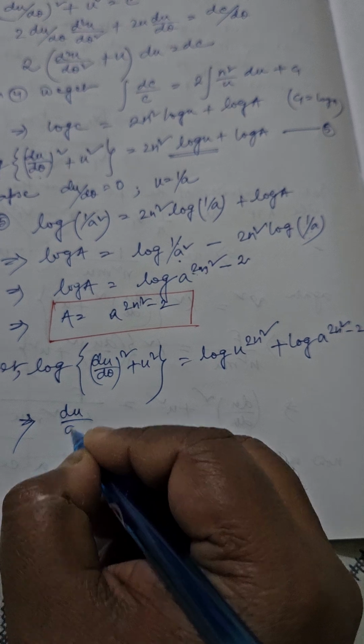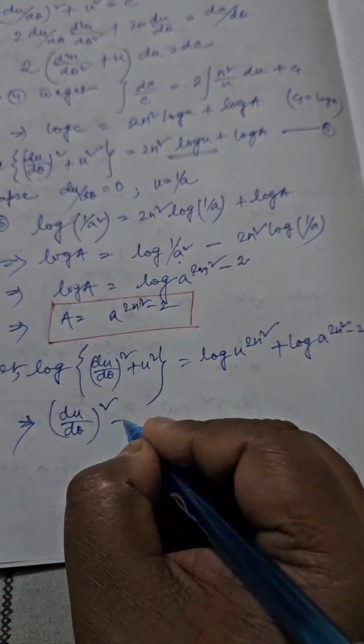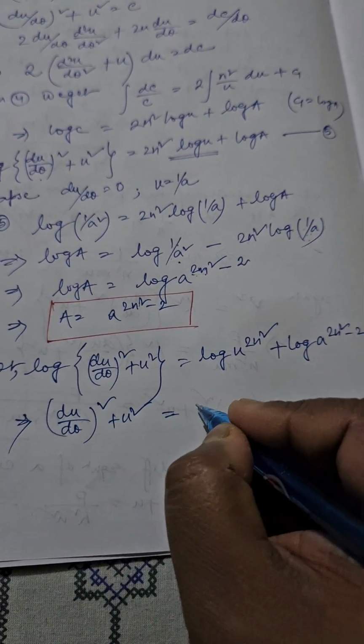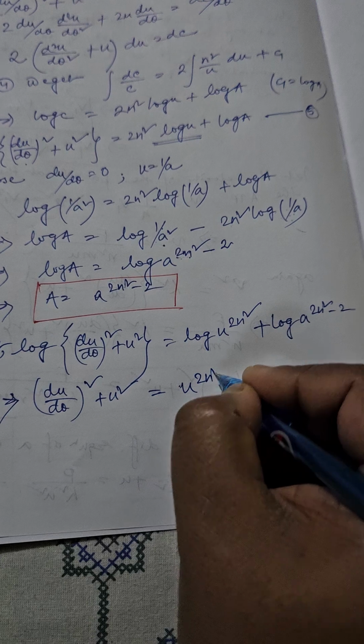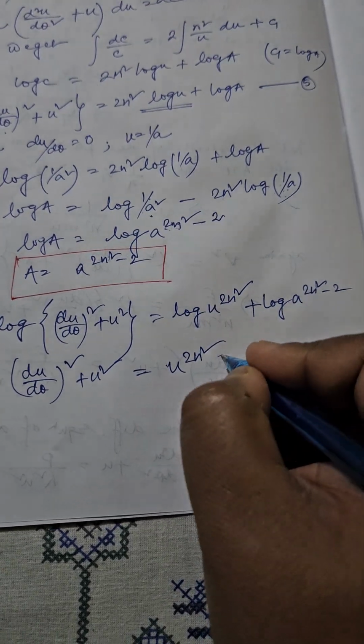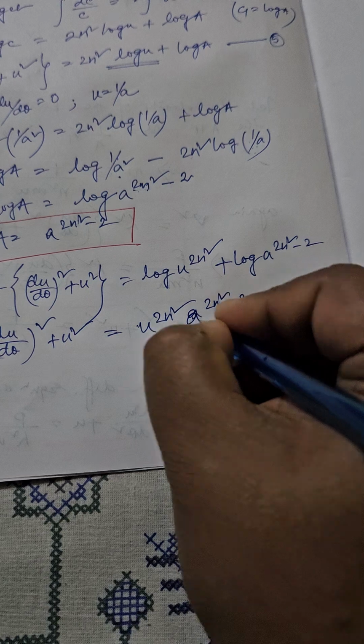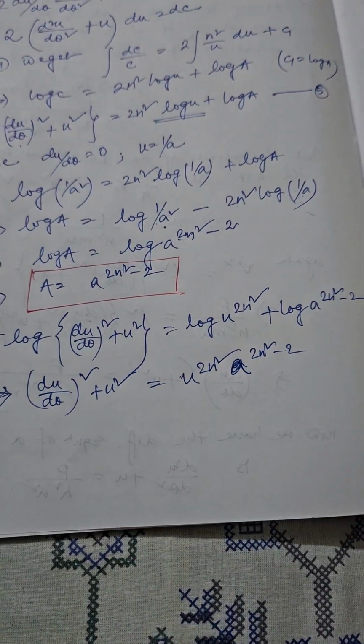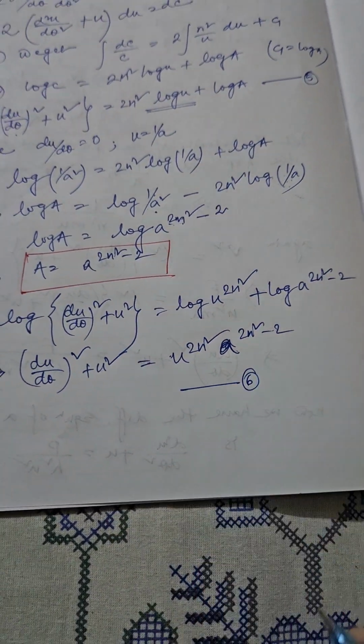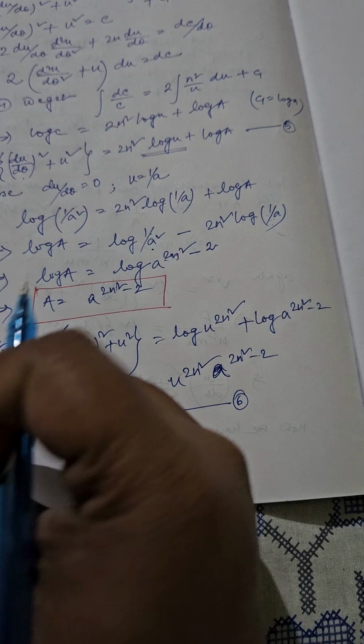So you can write this part should be equal to u to the power 2n square times a to the power 2n square minus 2. Say this is equation number 6.